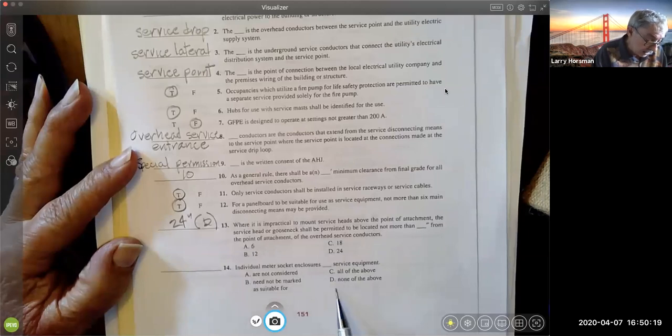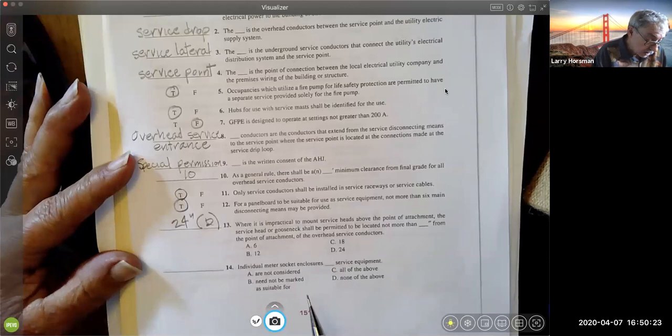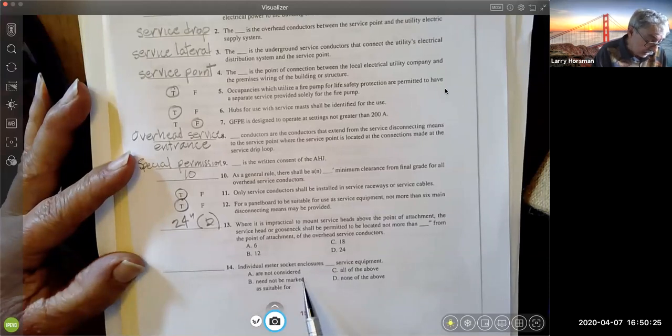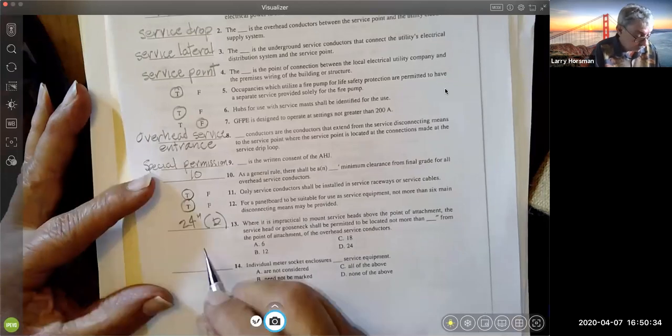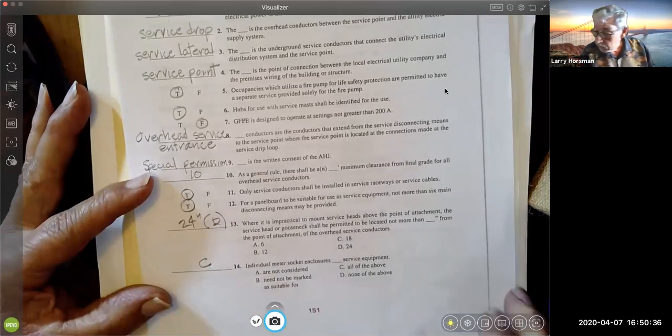So the correct answer is individual meter socket enclosures are not considered service equipment and need not be marked as suitable for service equipment. So the correct answer is C. Turn the page.